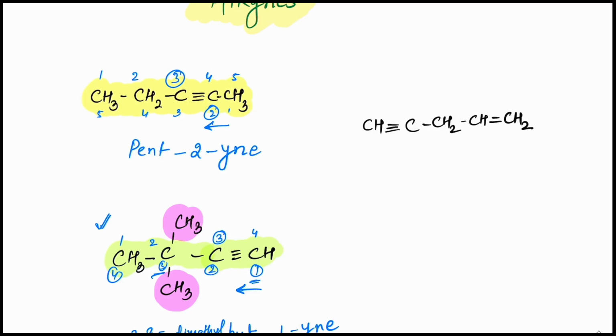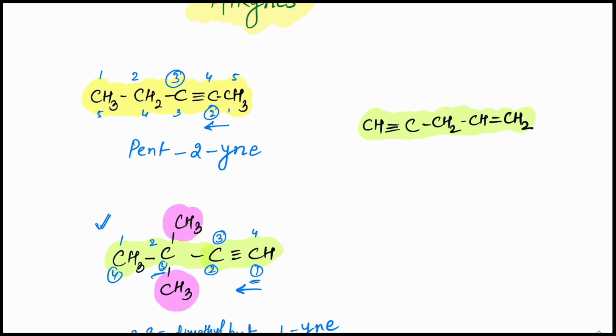Alright, let's look at this example. Now here we have both the triple bond as well as the double bond. So there is no branching, so that is the parent chain. Now which way will you number?